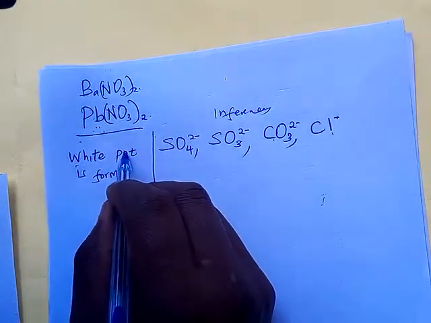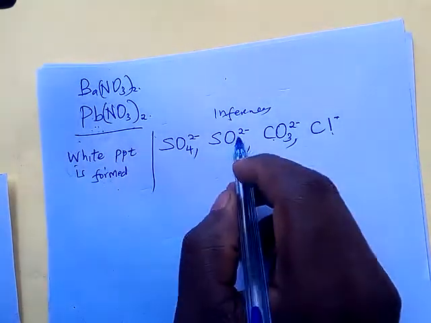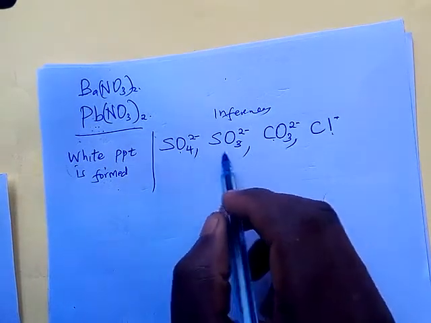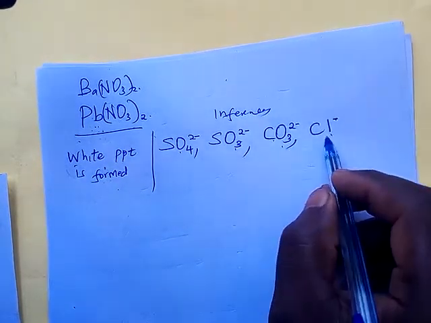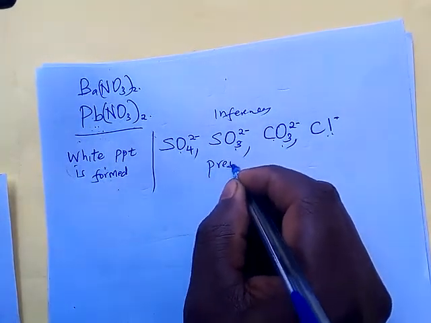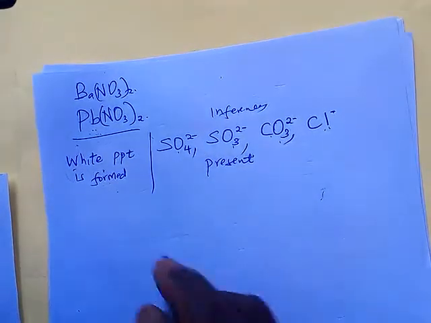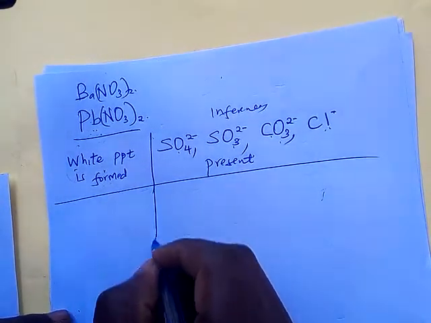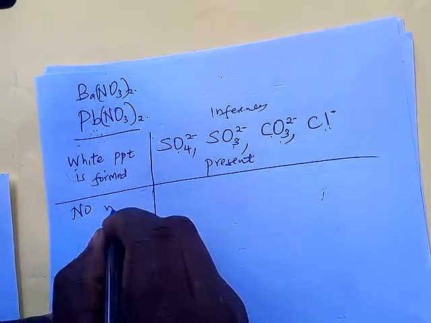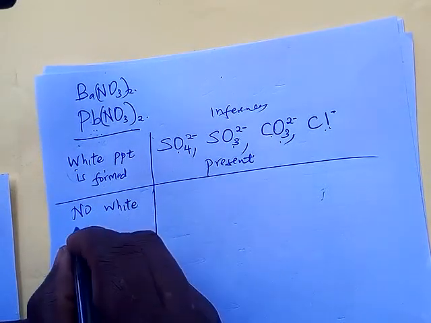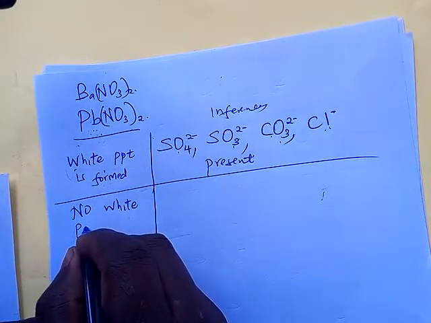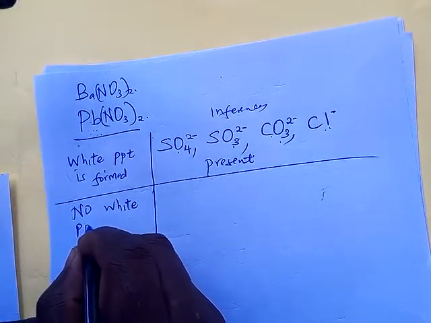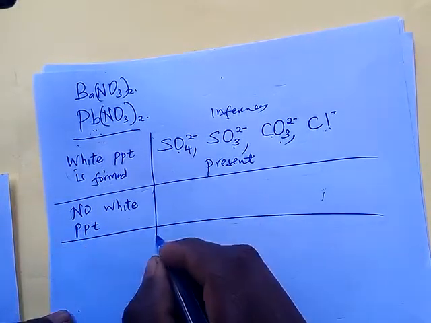So if a white precipitate is formed, that is our observation, then our inference is that the sulfate, the sulfite, the carbonate, and the chloride ions are present. Another observation we expect is no white precipitate.